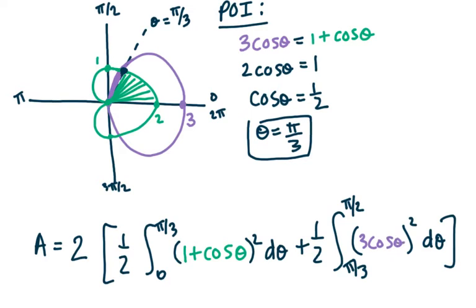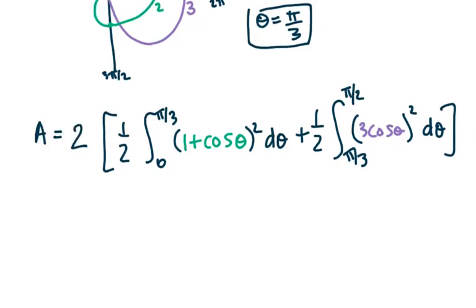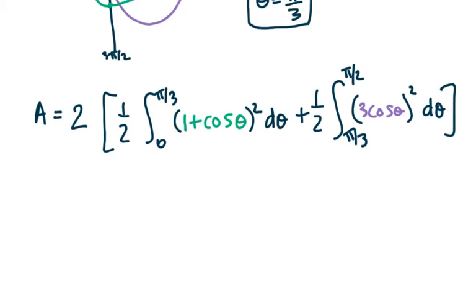So again, had this been a more simple problem, we could have just gone from 0 to pi over 2, but because where that inside area is occurring switches at this intersection point, we have to break it up into 2 pieces.